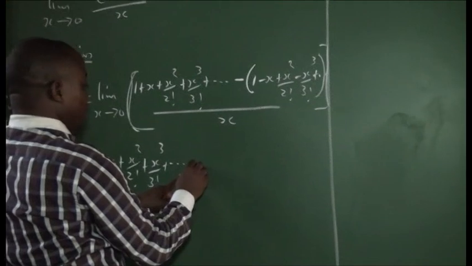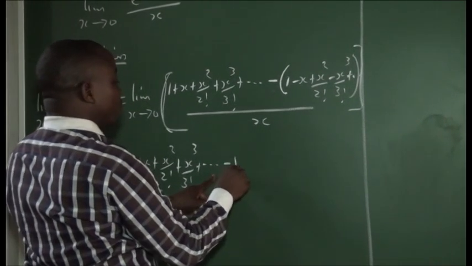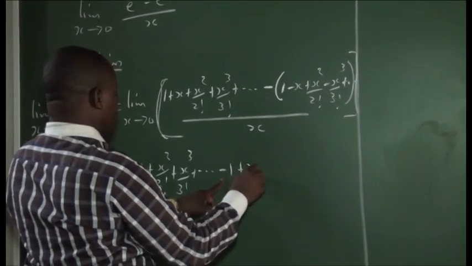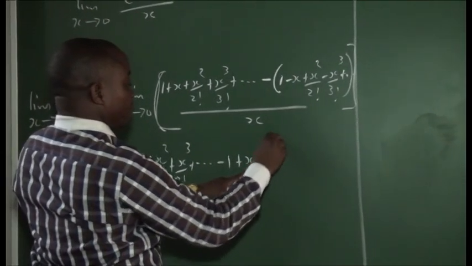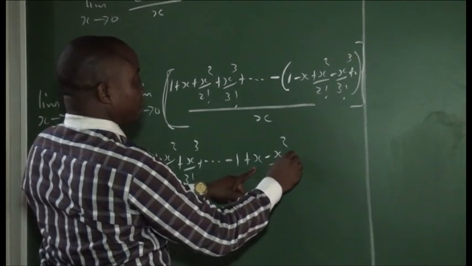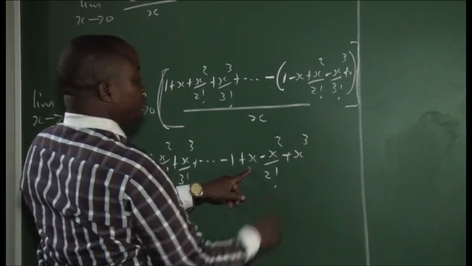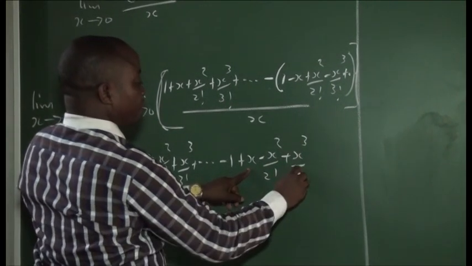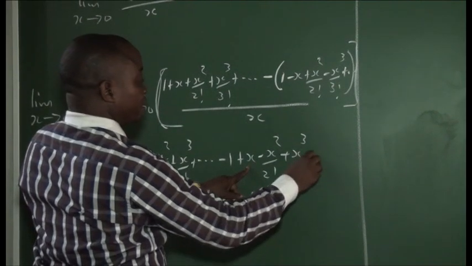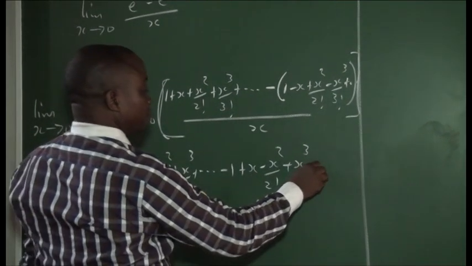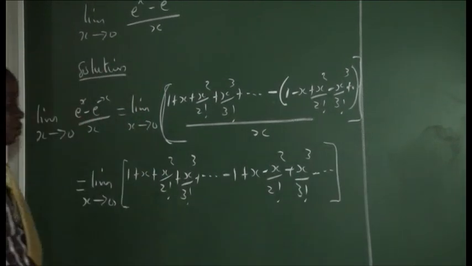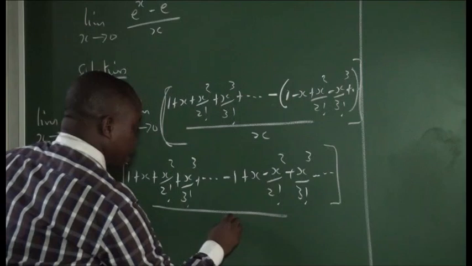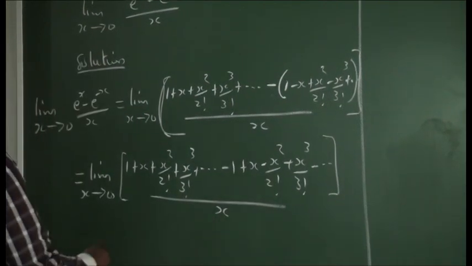We have minus 1 plus x, then we have minus x squared over 2 factorial plus x cubed over 3 factorial minus, so over x, right?